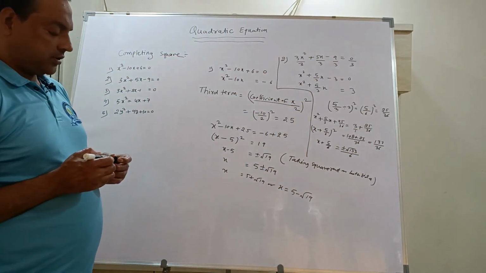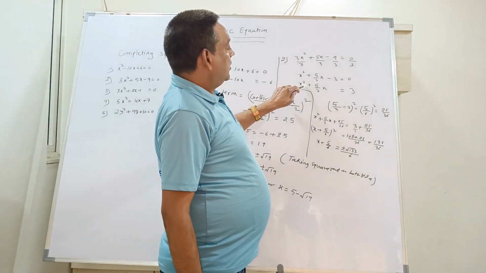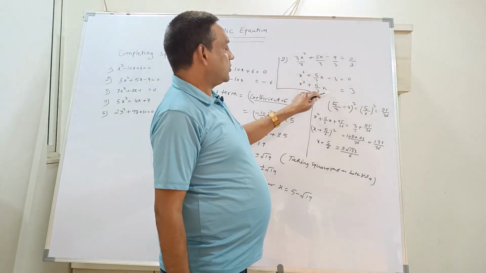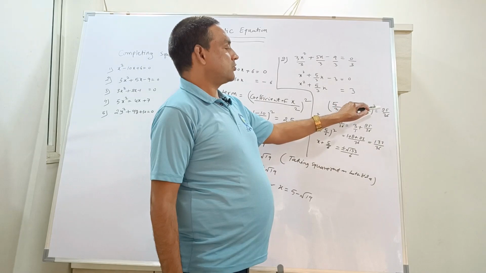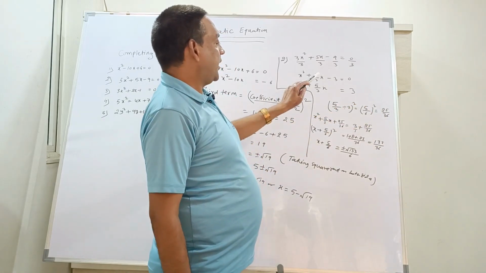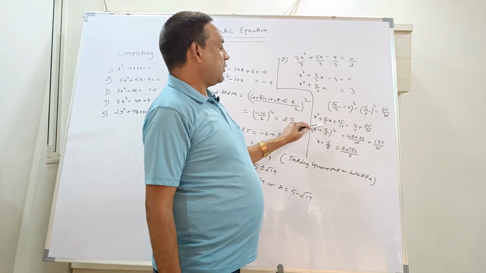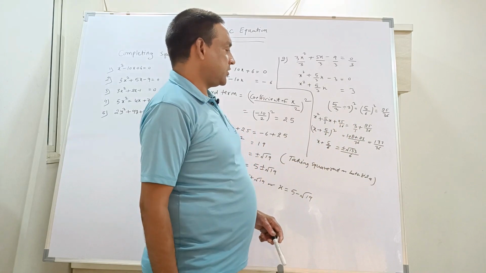Clear? Any doubt in this? What we did here: coefficient of x divided by 2, the whole square, which is 5 upon 3 divided by 2, the whole square, 5 upon 6 whole square, that is 25 upon 36. So we add 25 upon 36 on both sides. So x square plus 5 upon 3x plus 25 upon 36 is equal to 3 plus 25 upon 36.